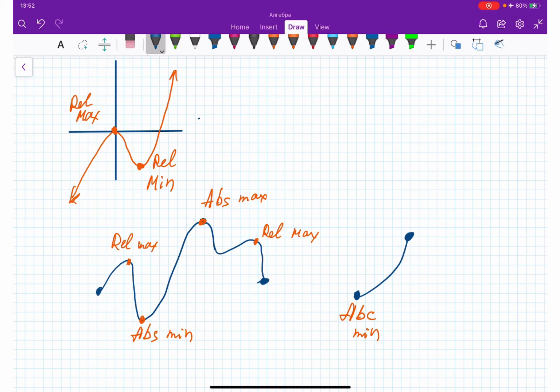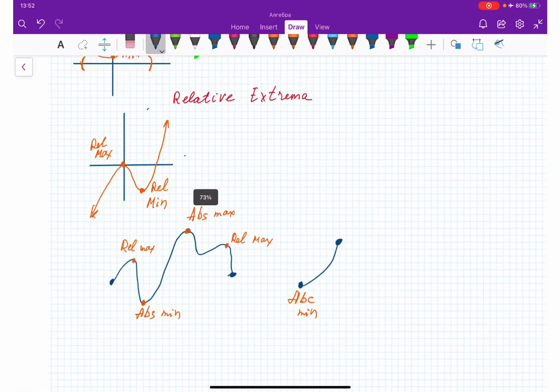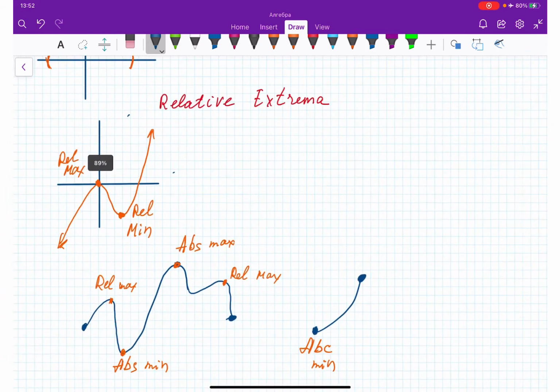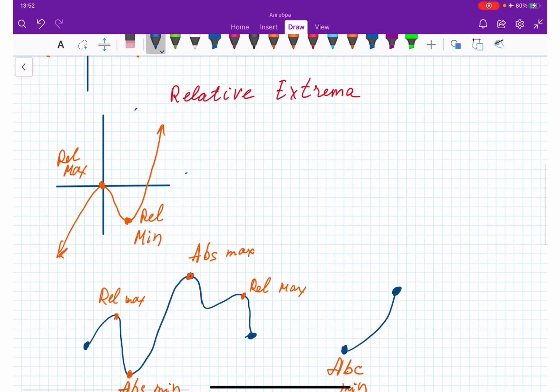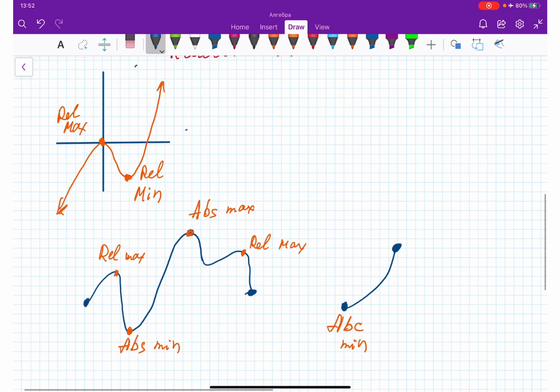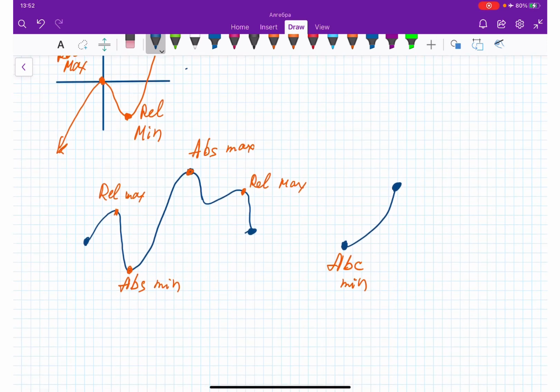All right. Now, it's easy to visually see on the graph where is absolute maximum, absolute minimum, relative maximum, relative minimum, but how to identify that algebraically?